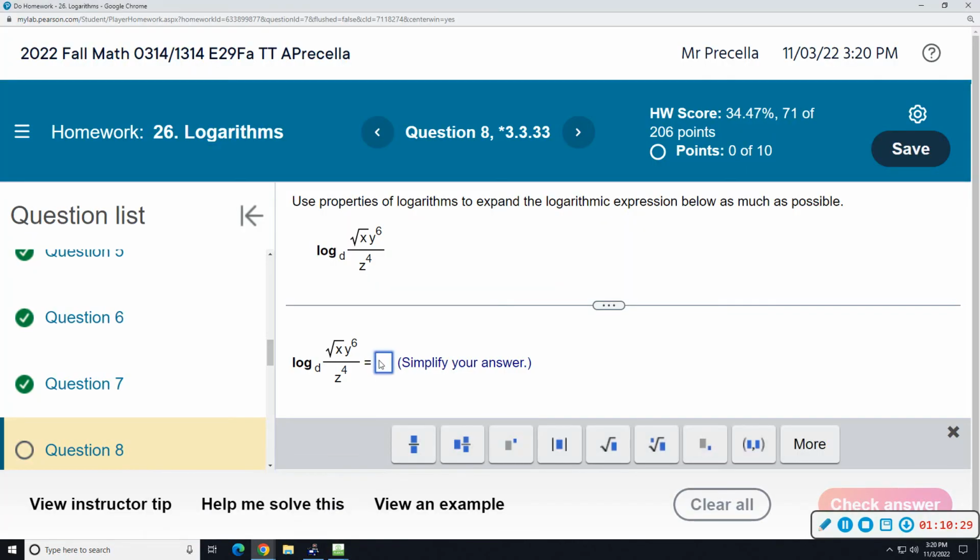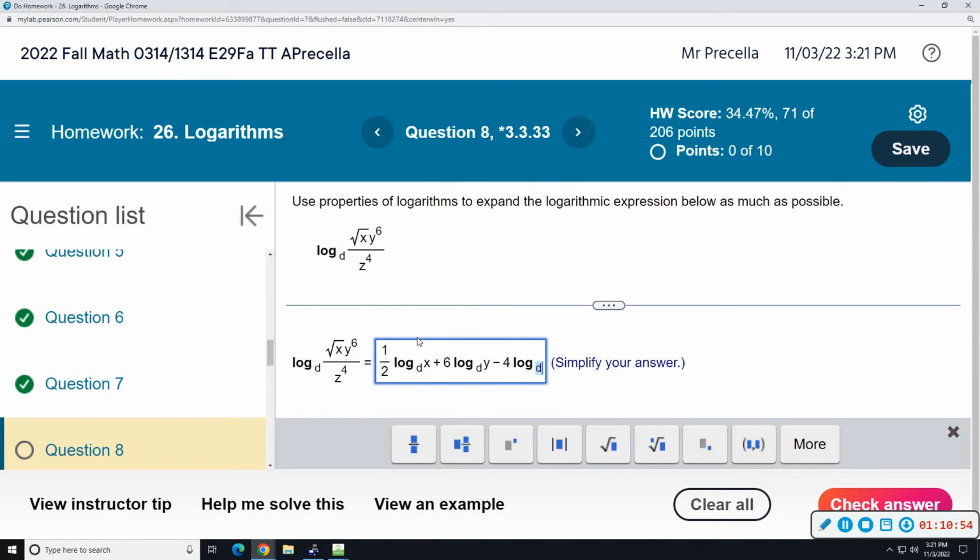I'm going to start typing in 1/2, get out of the denominator, log base d of x plus 6 log base d of y minus 4 log base d of z.